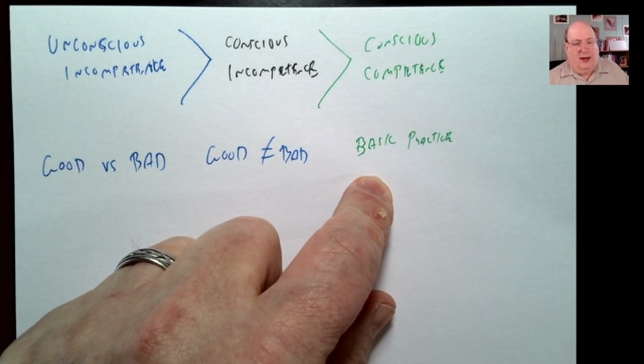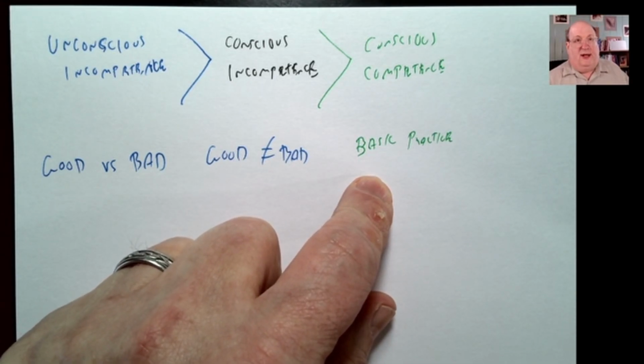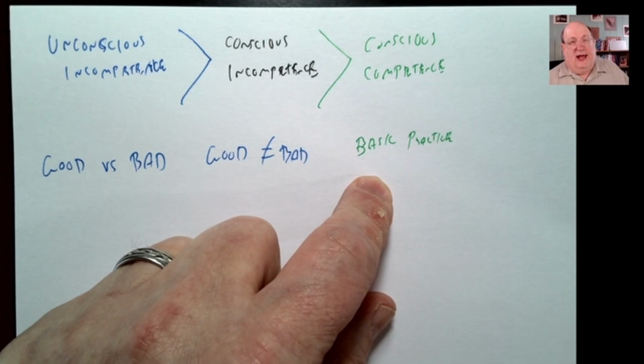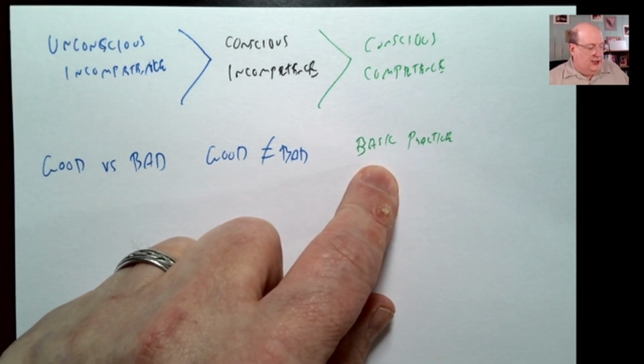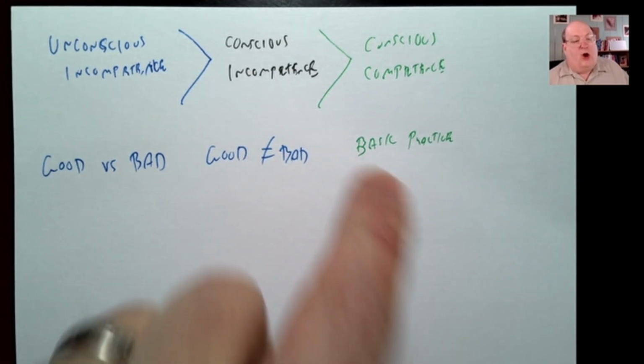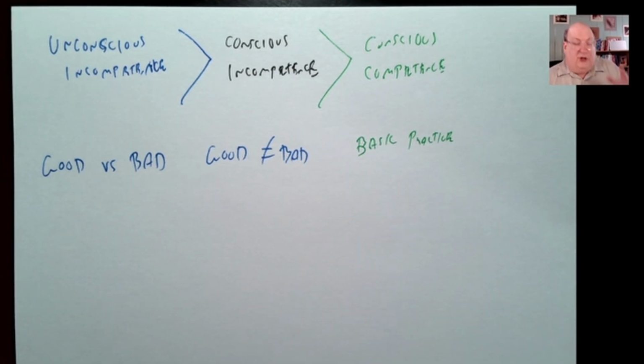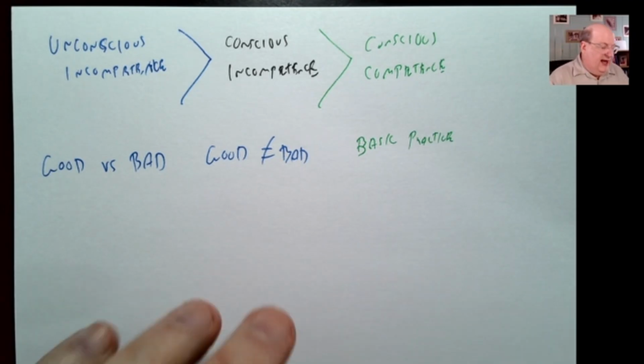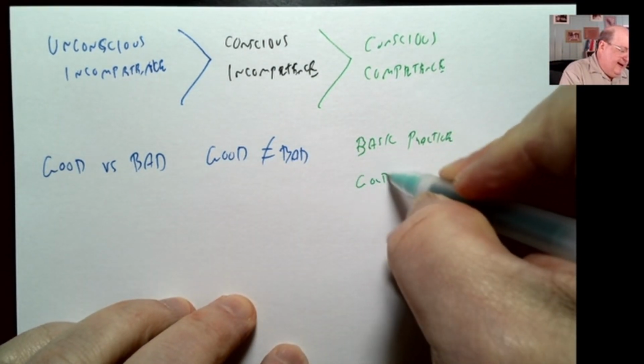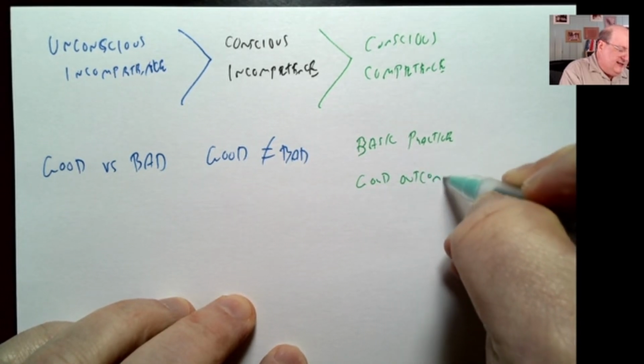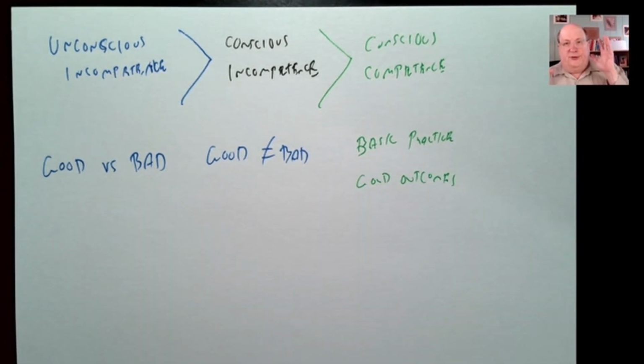You can follow a recipe and make a decent dish. And that's what conscious competence is about. If you don't have that support material, if you don't think about everything you're doing, it doesn't come out good. But you can get to good outcomes in a consistent way if you follow the tricks and methods that you learned. And that's a great stage to be in.